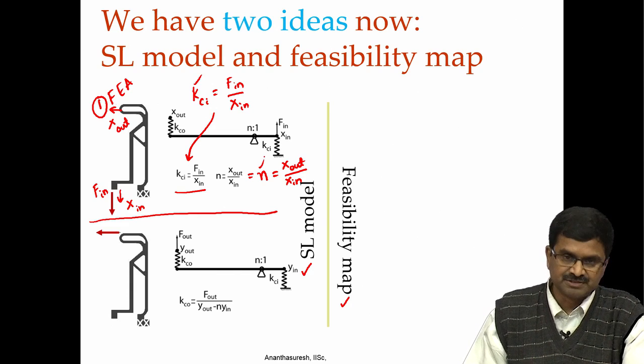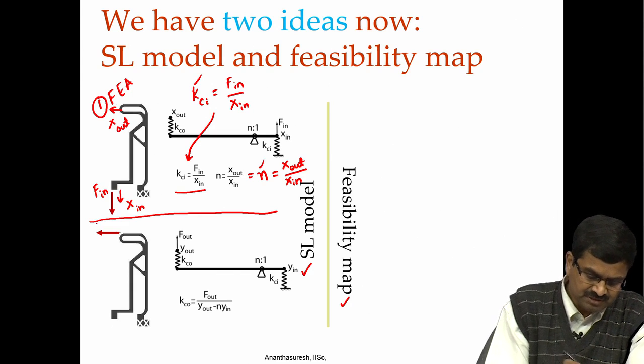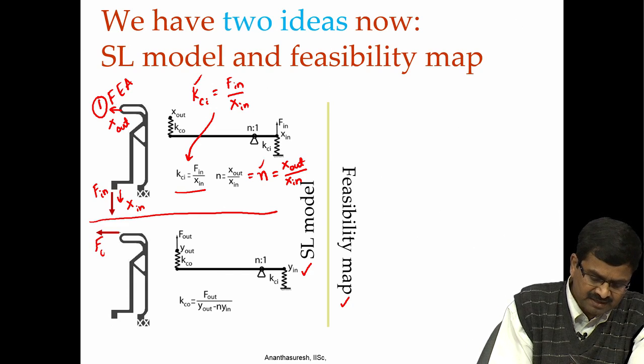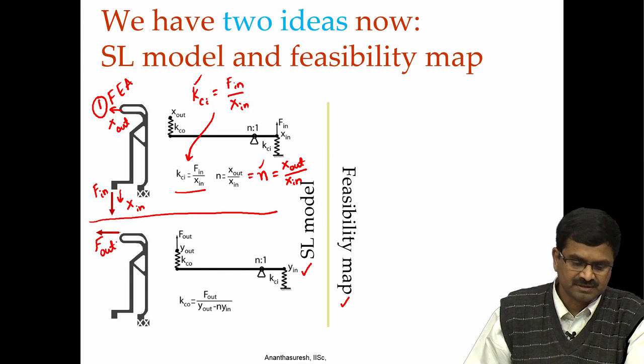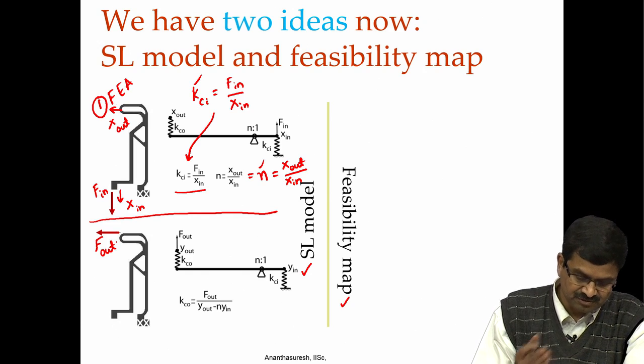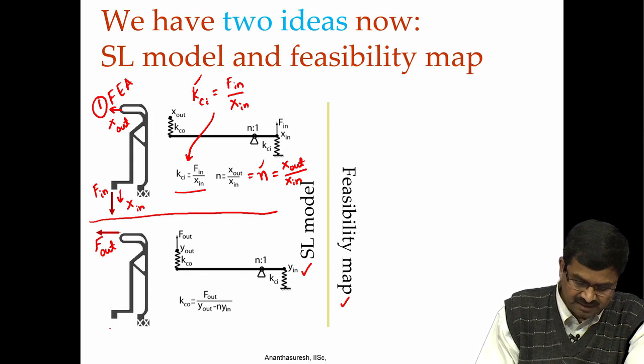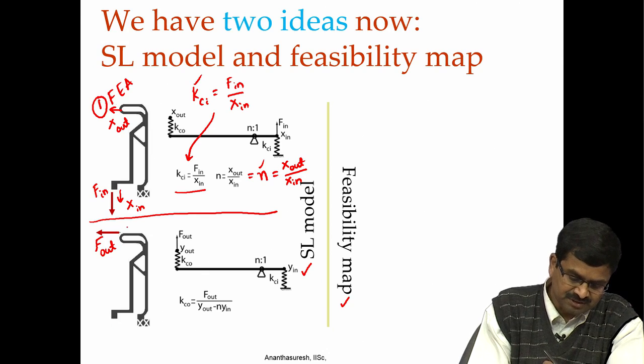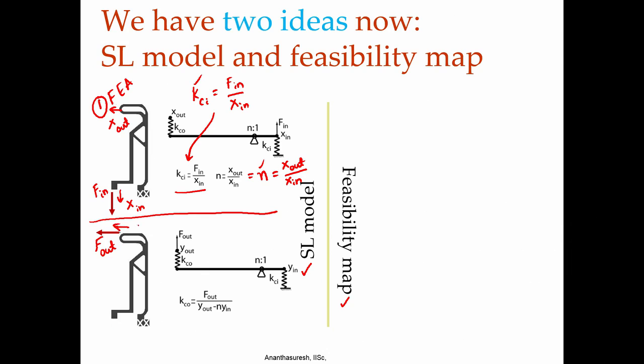In order to compute KCO, we remove the input force, instead we apply output force in the direction or in the opposite direction, whichever way you want to do. We apply the F out and record the input displacement as well as output displacement. So, we are using a different symbol now, instead of X we use Y, and there will also be a Y in here.